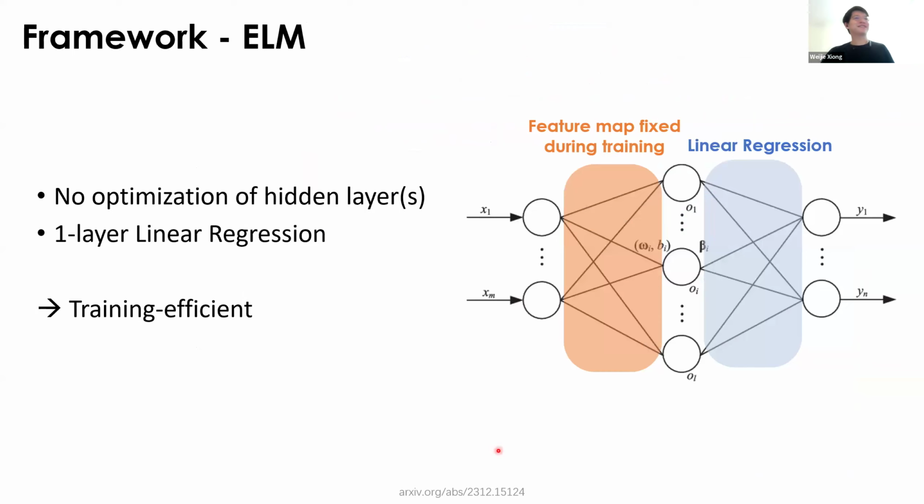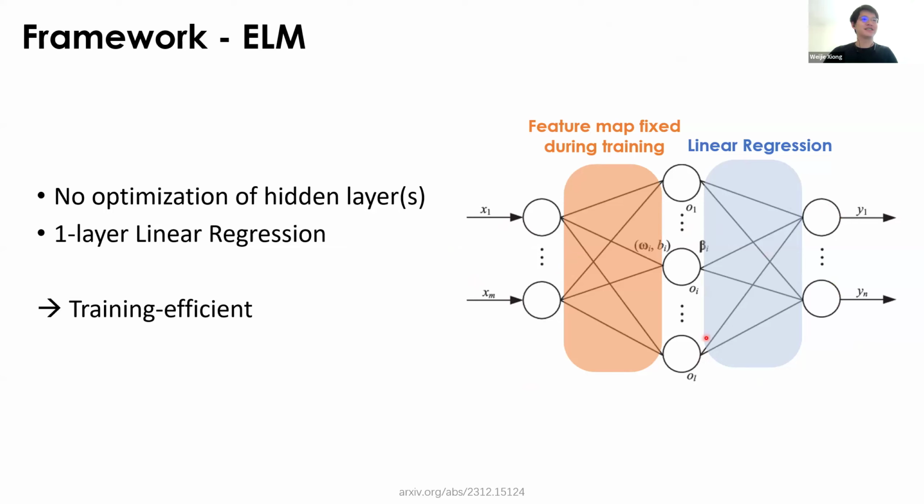So let's start with the framework of classical extreme learning machines. Basically, they consist of three parts: the input layer, the hidden layer, and the output layer. The core idea of the extreme learning machine is that the training is super simple.